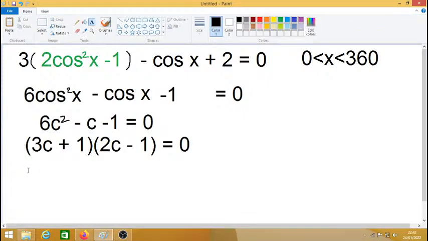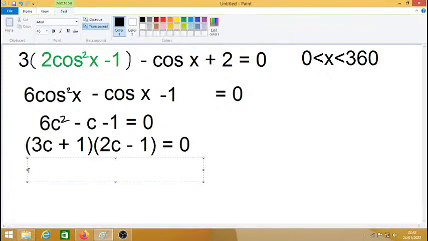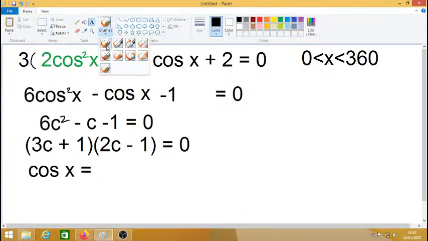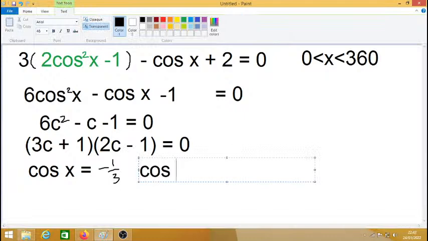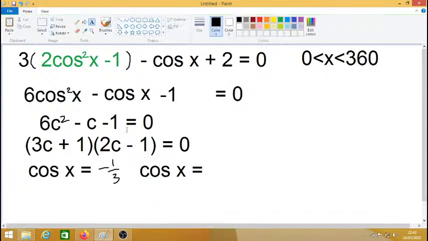And from the first bracket, that means that c, which really was cos x, so cos x is equal to minus a third. And from the second bracket, c is equal to a half, but c was really cos x, so cos x is really equal to a half.